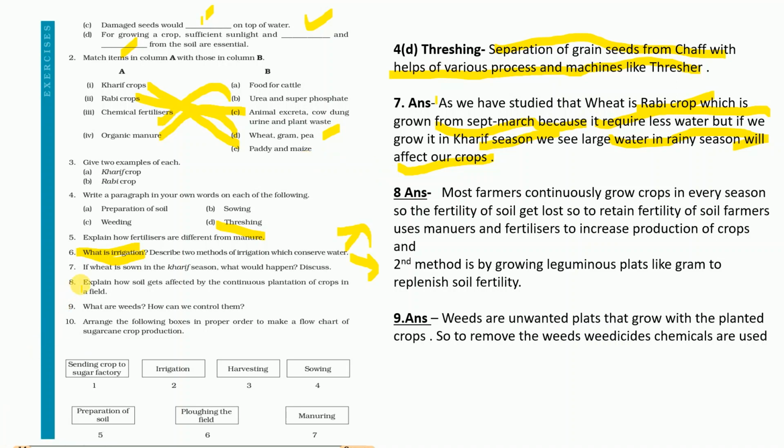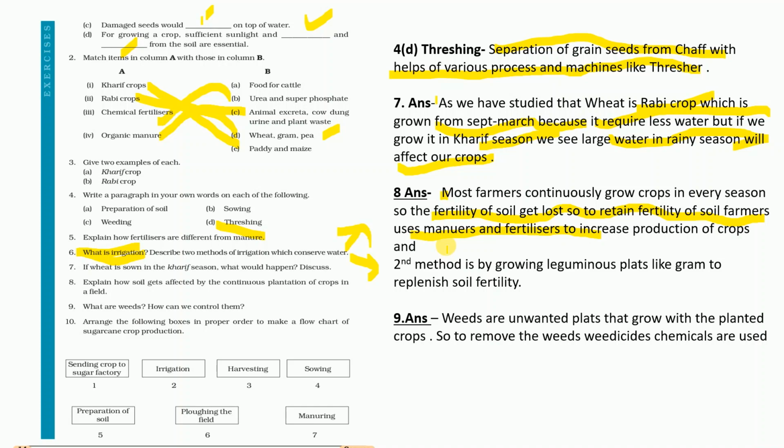And now explain how the soil gets affected by the continuous plantation of the field. Most farmers continuously grow their crops in every season, so the fertility of the soil gets lost. So to retain the fertility of the soil, the farmer uses manures and fertilizers, to increase the production of the crops and also to increase the humus content in the soil.